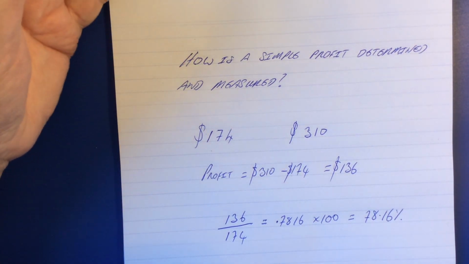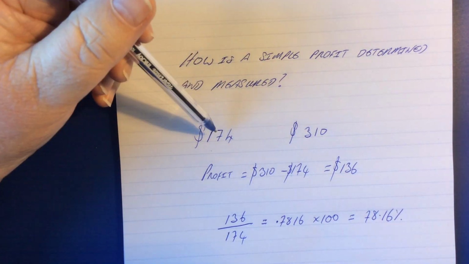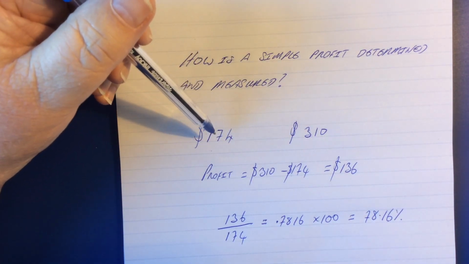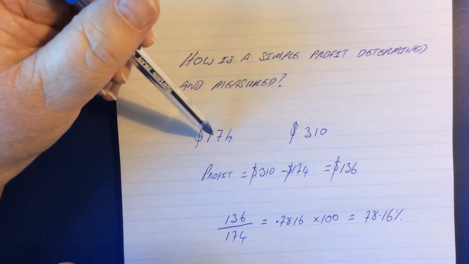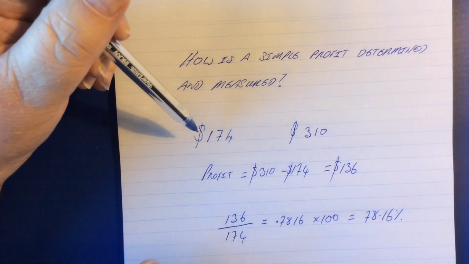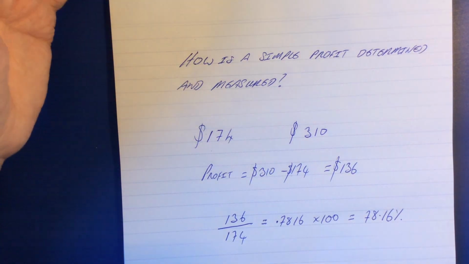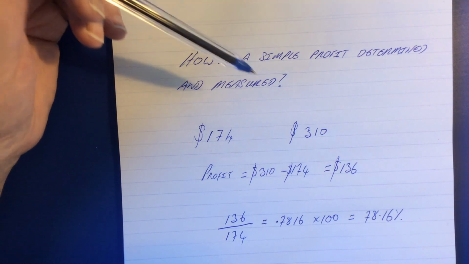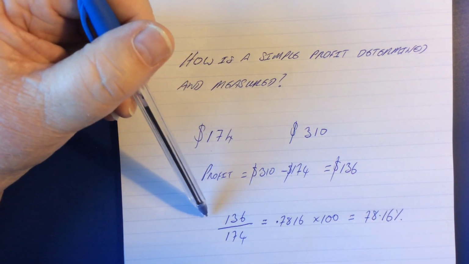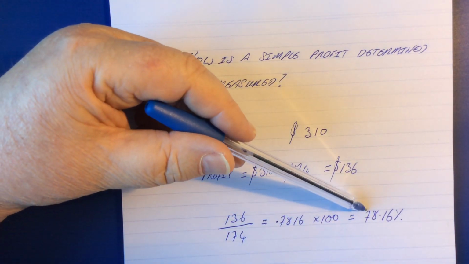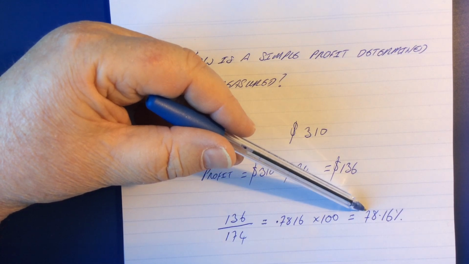So that is how a profit is determined in the simplest of simplest ways. We'll look into how a profit is determined when there are other expenses involved at a later date. And how it's measured is traditionally by way of percentage.